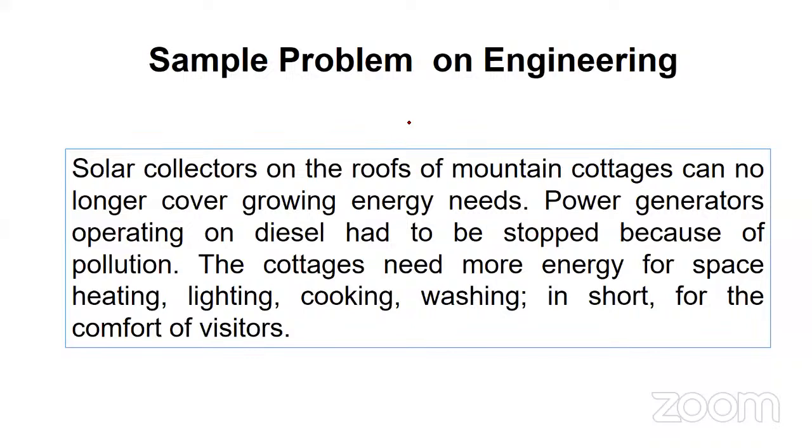You can't use the diesel generator, and solar collectors you can use, but you need lots of power. So what may be the solution? Can you find one or two learning issues there?